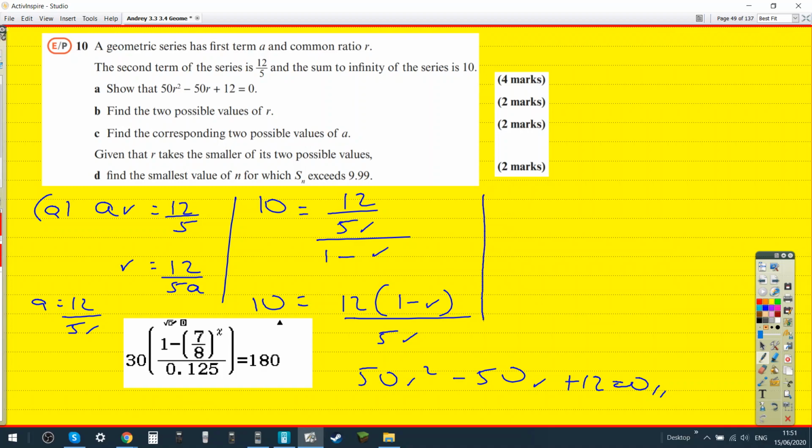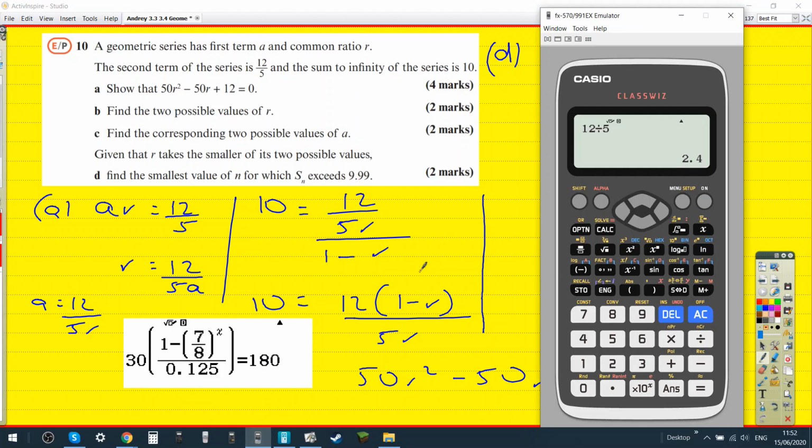Question D. So would it be? I need to find out what A is first, don't I? Yeah. And so A is 12 over 5r.